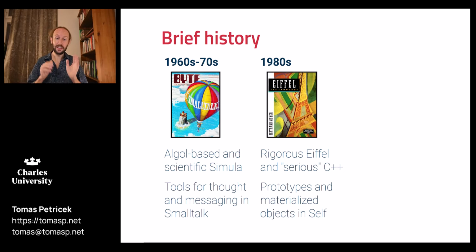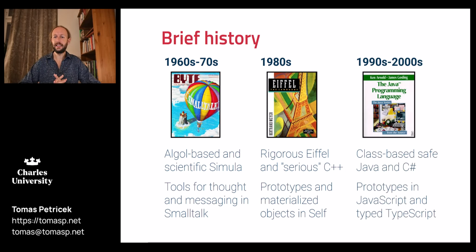In the 80s, this is also when Self was created, and Self was a continuation of some of the ideas from Smalltalk, but they thought that Smalltalk was too complicated with objects and classes being different things, and they tried to come up with a different way of doing object orientation based on just objects that can have prototypes, which are other objects, and that's a mechanism of avoiding classes.